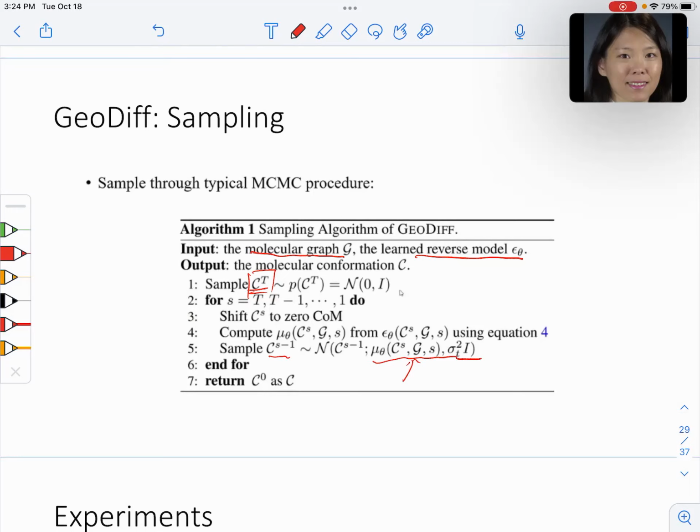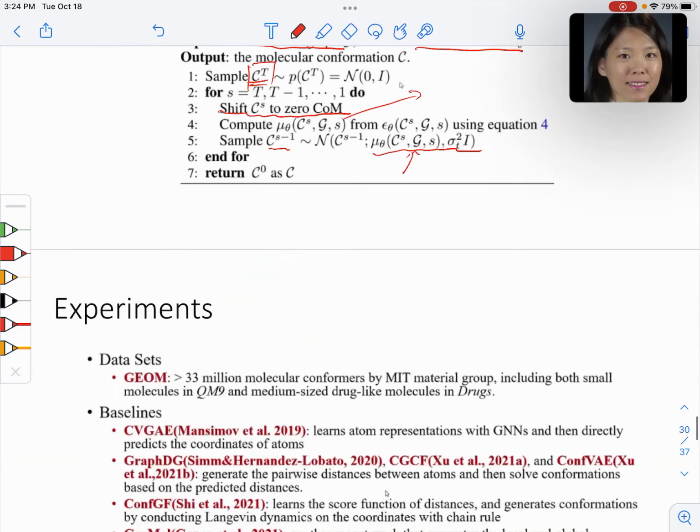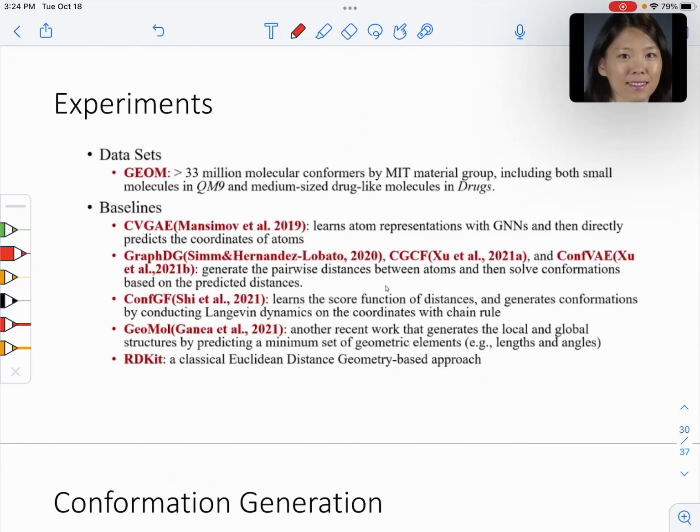Again, as you can see through this procedure, the main design is that we do the shifting to make each of these C_t zero COM, and secondly, compute the mu of each C_t following the equivariant GNN design.